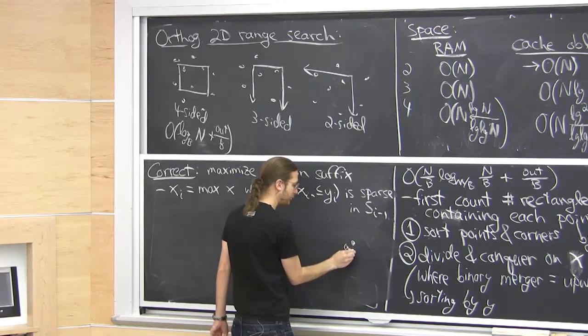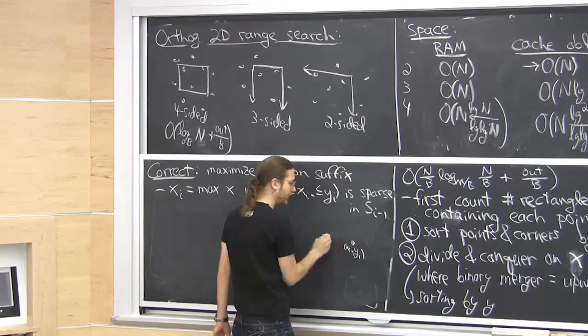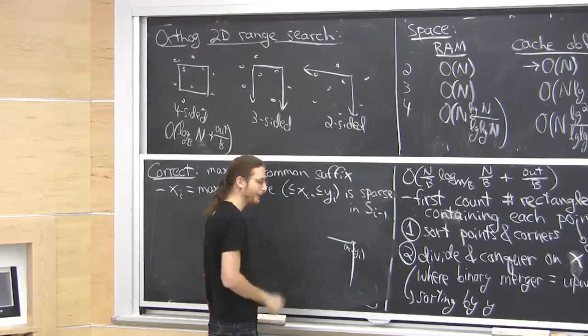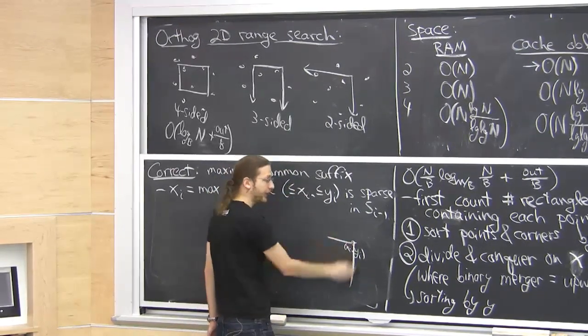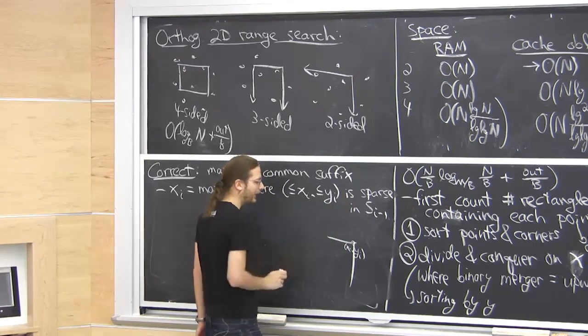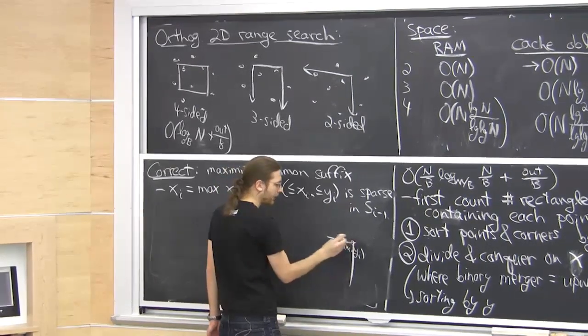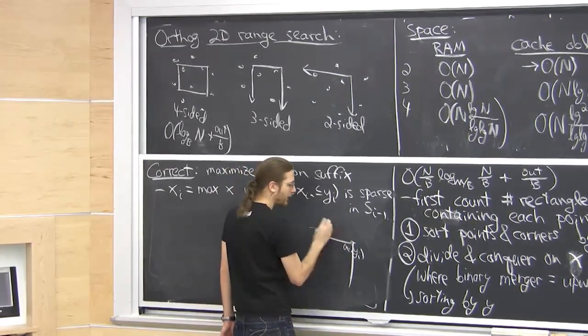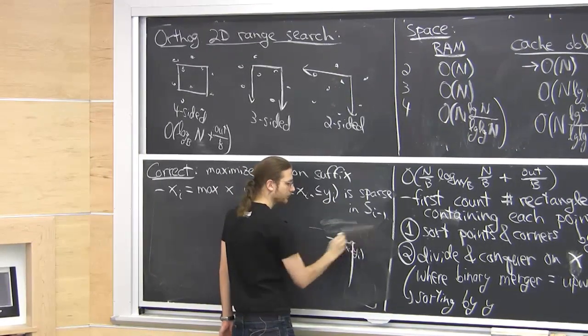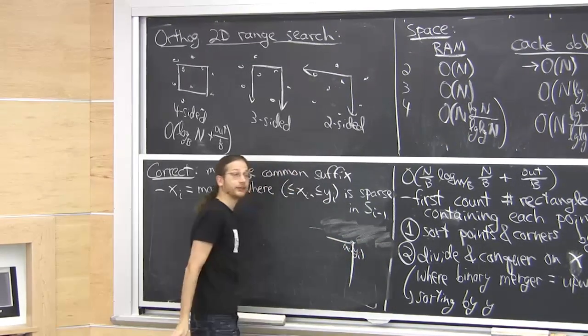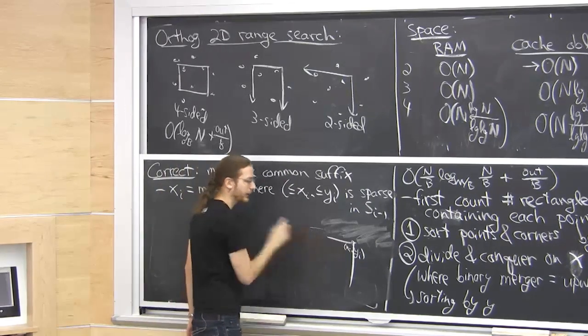It's not an actual point in our problem, but it's a query, xi, yi, and it's sparse, it's bad. We know that any query up here is dense. That was the definition of yi.